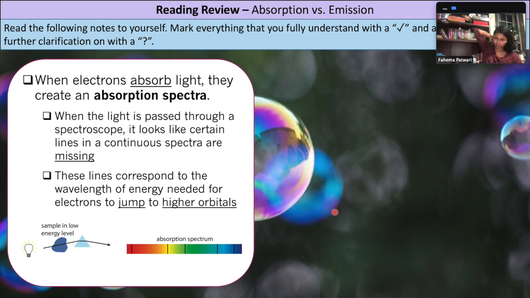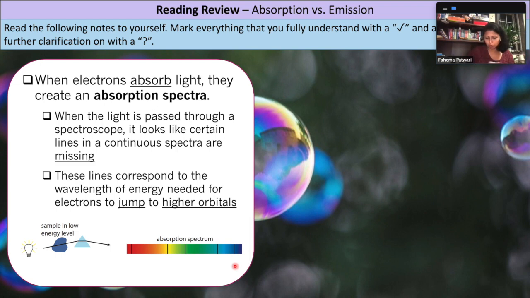So how do emission spectra versus absorption spectra work? We can see here, in an absorption spectrum, there is a source of light, right? There's a source that produces a continuous spectrum, and it passes through the sample, but the sample absorbs certain frequencies that are specific to what it needs for its electrons to get excited. And those frequencies it absorbs, you see they are now missing from the light that's passed through, right?